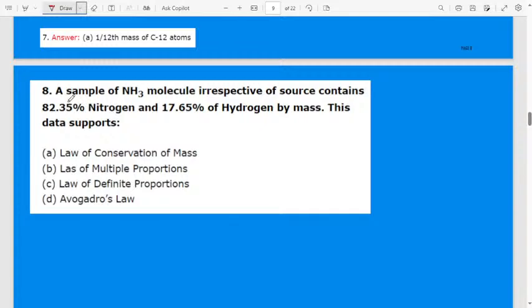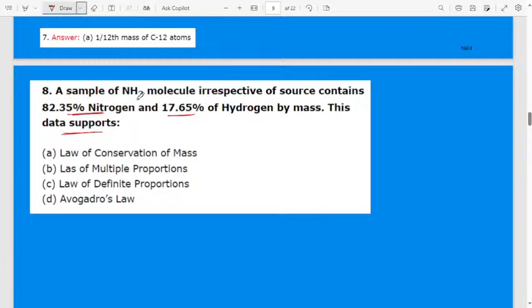A sample of ammonia NH3 molecule, irrespective of source, contains 82.35 percent of nitrogen and 17.65 percent of hydrogen by mass. What information is this data giving?